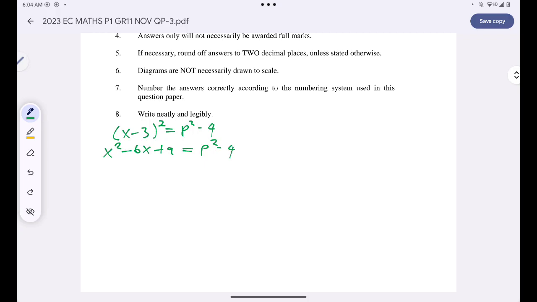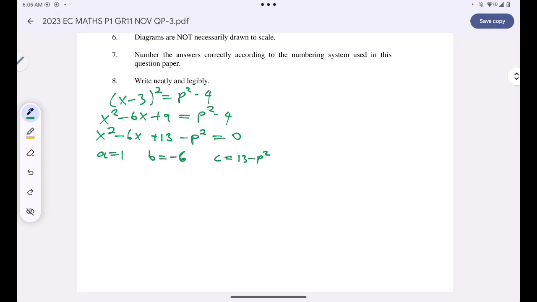And then when I put everything in standard form, I'll have x squared minus 6x plus 13 minus p squared is equal to 0. 9 plus 4 will become 13, right? So now I know that the value of a is 1, b is negative 6, and the value of c is 13 minus p squared, right?